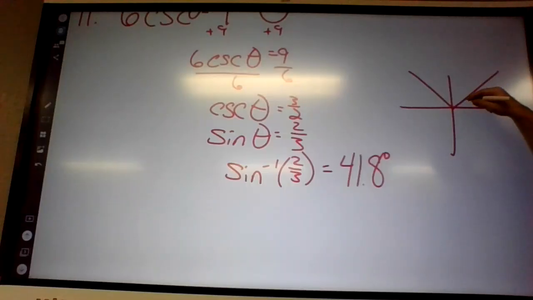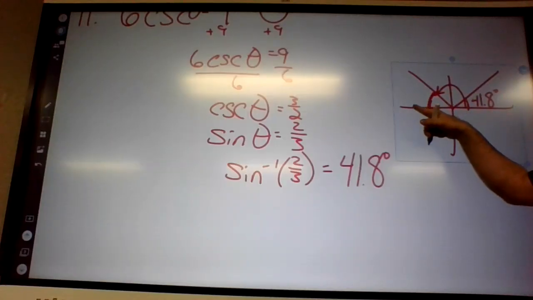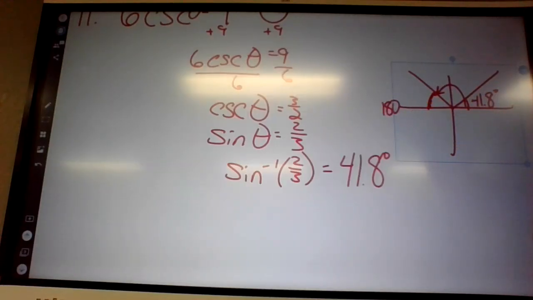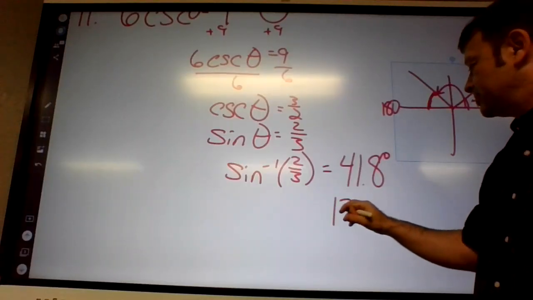Is the other one 180 minus 41? Right. The angle from there to there is gonna be 41.8 degrees short of 180. So it's 180 minus 41.8, which is 138.2. Yeah.